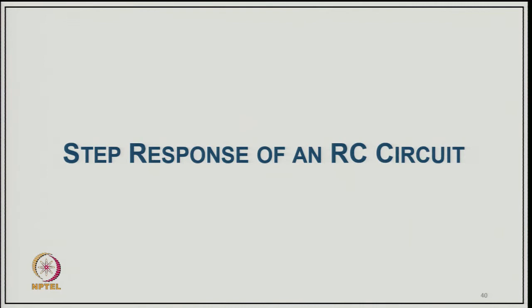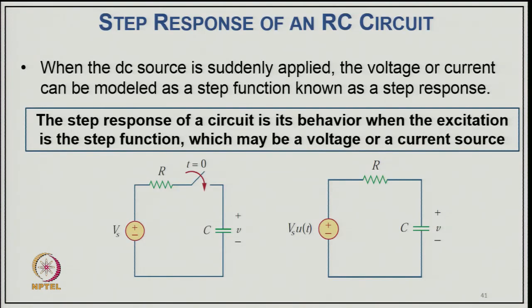Now we can see the step response of an RC circuit. This is the concept where a DC source is suddenly applied, and the voltage or current can be modeled as a step function, known as a step response. The step response of a circuit is its behavior when the excitation is a step function, which may be a voltage or a current depending on the voltage source or current source.